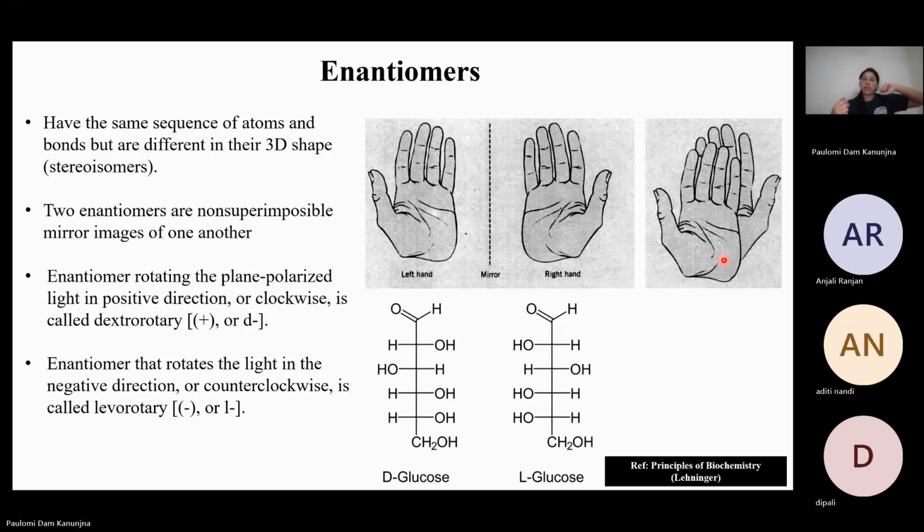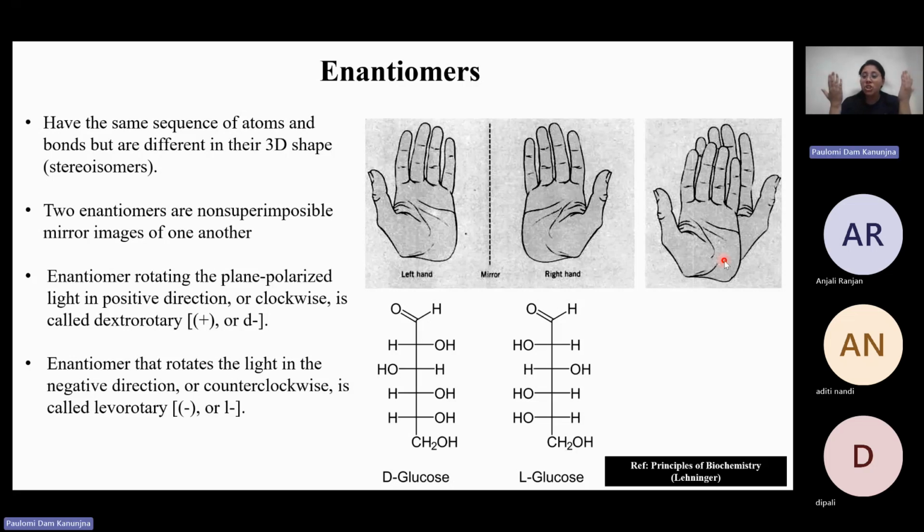So you will have chemicals which have the same sequence of atoms, same bonds, but their 3D shape is different. Their positioning or stereochemistry is different. Now, if you put those two compounds on top of each other, they do not superimpose. And we have already looked into this in the first class.